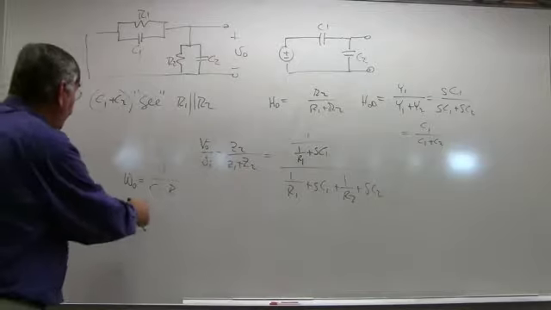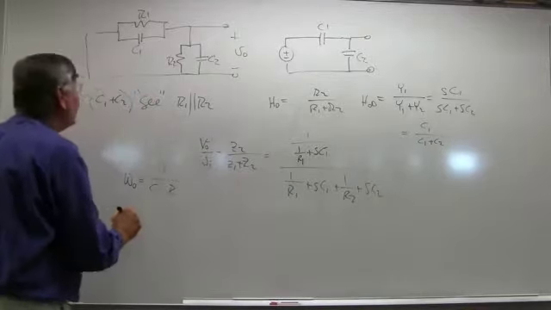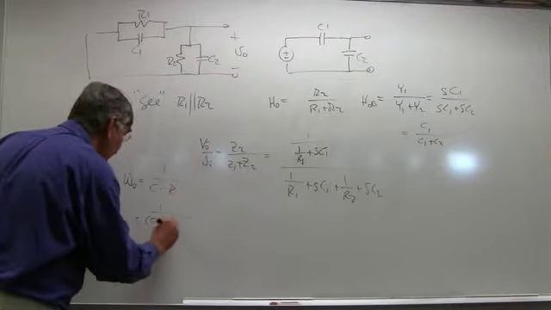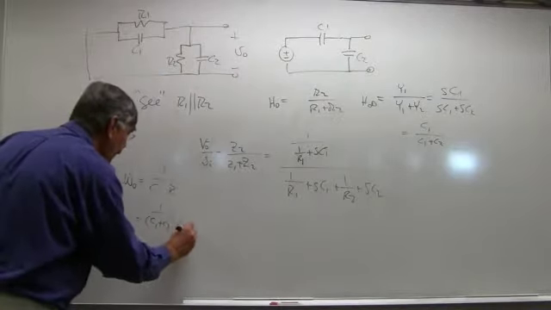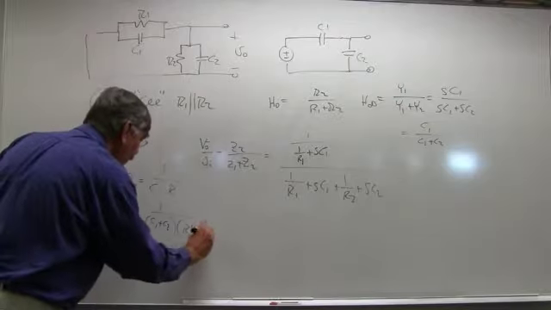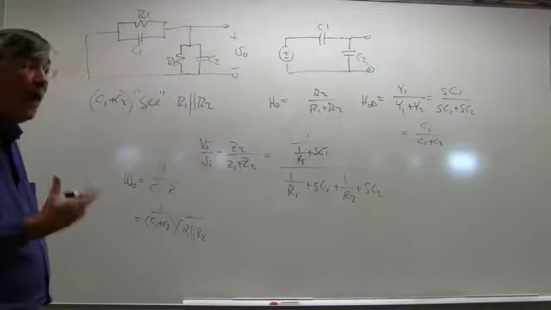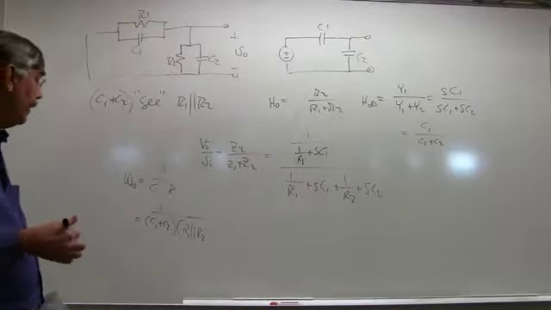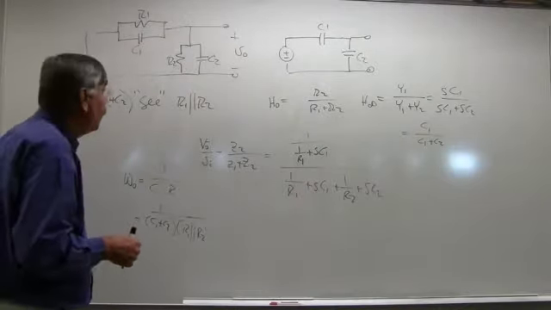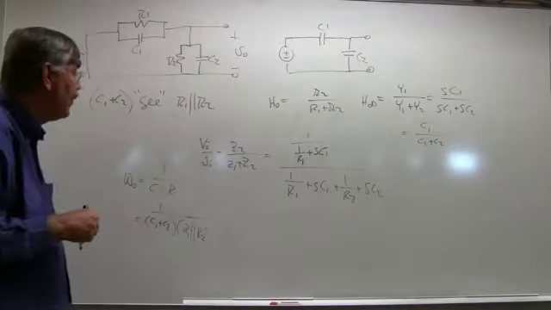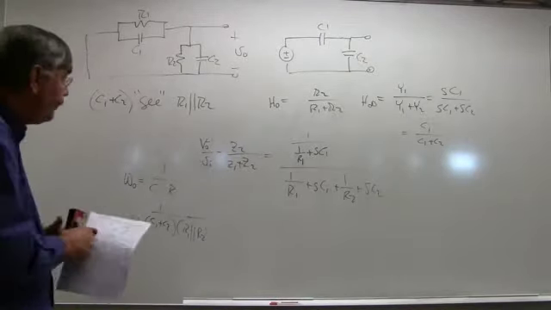And so the pole frequency is at 1 over C1 plus C2 times the parallel combination of R1 and R2. So that's just a trick, but it's so handy that it's a good trick to know. Sometimes we can do a full, more complicated version of that, but this is a way that will get you there.